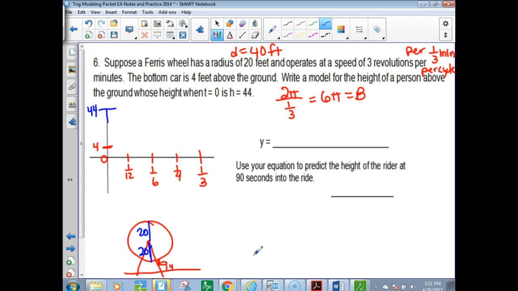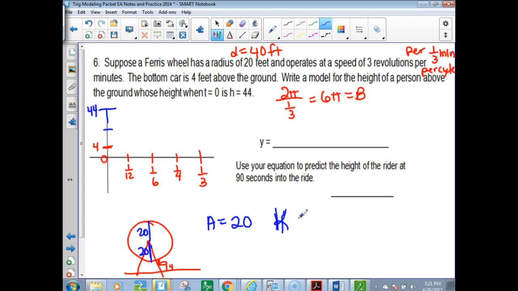Here's the more intuitive way of finding a few things. What would halfway between there be? The amplitude we do know is 20. But what's the K or the center line? No, it's not 20.